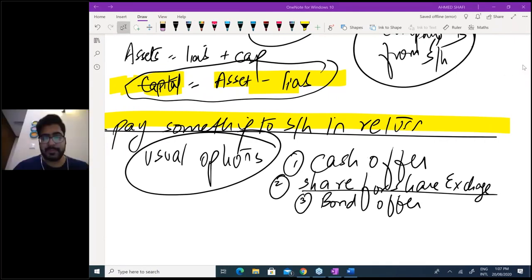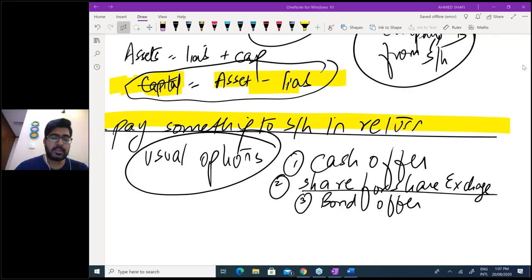Now, people sometimes ask, which is the best one? Frankly speaking, this is a matter of big discussion, because in some cases, cash offer would be good. In some cases, shares offer would be good. And in some cases, bond offer would be good.